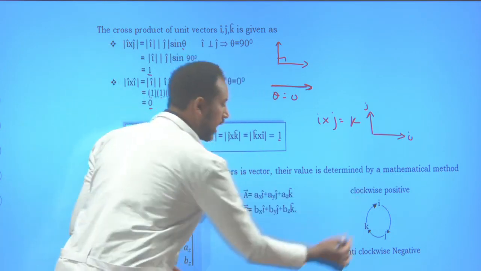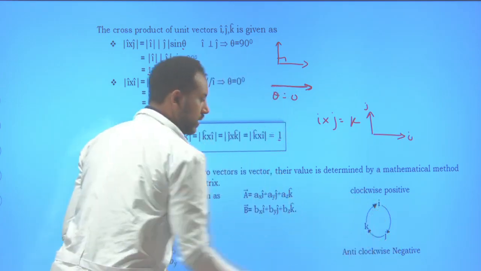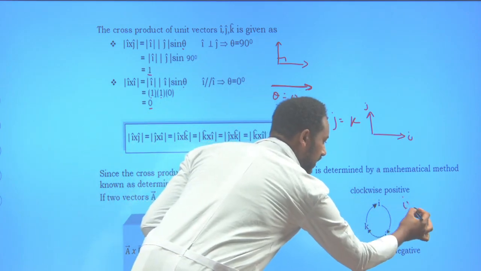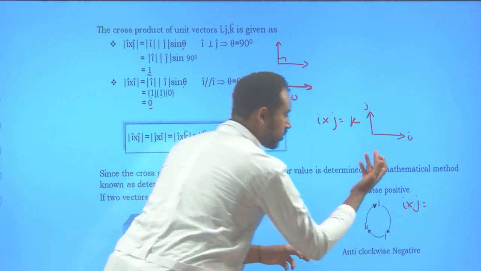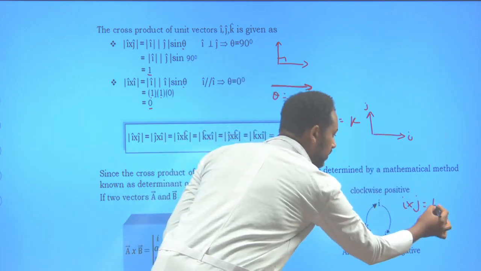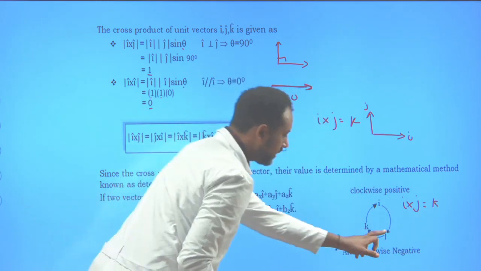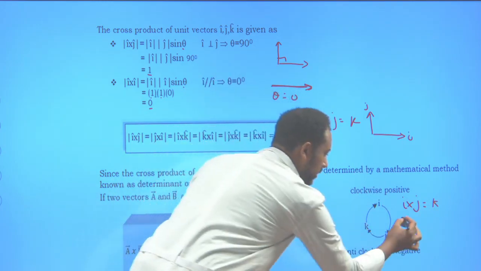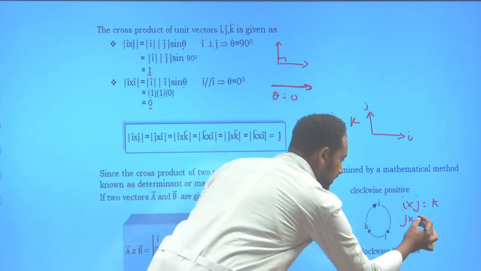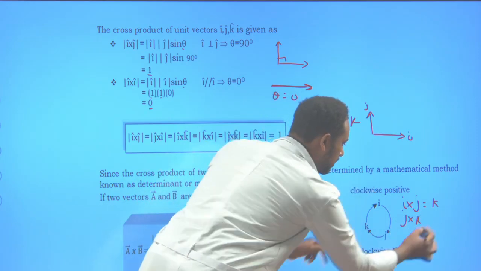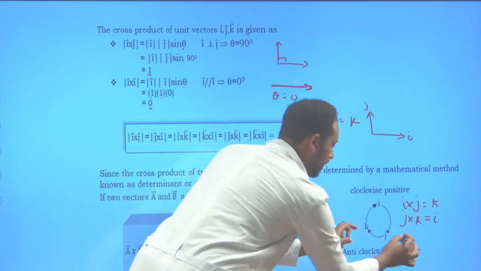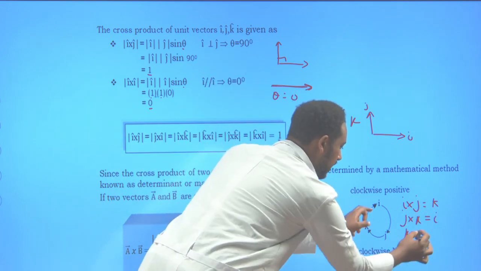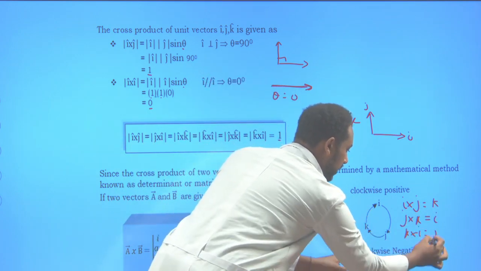Here you have i, j, and k. The cross product of i cross j gives you, using the right hand rule as we have seen previously, k, okay? And j cross k gives you i, okay? And k crossed with i gives you j.